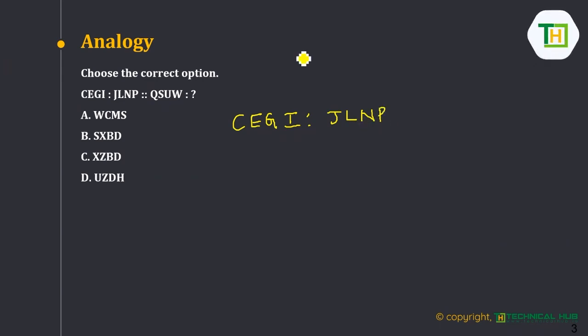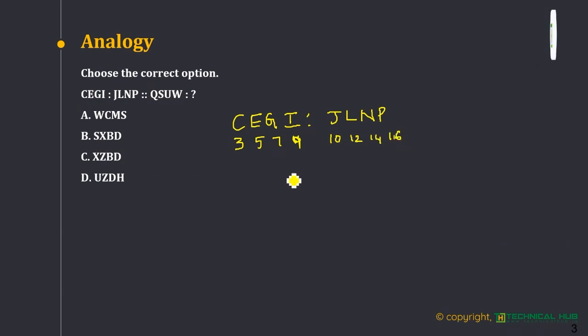First of all, write down with respect to numbers. C is 3, E is 5, G is 7, I is 9, and J is 10, L is 12, N is 14, and P is 16 in the English alphabet.